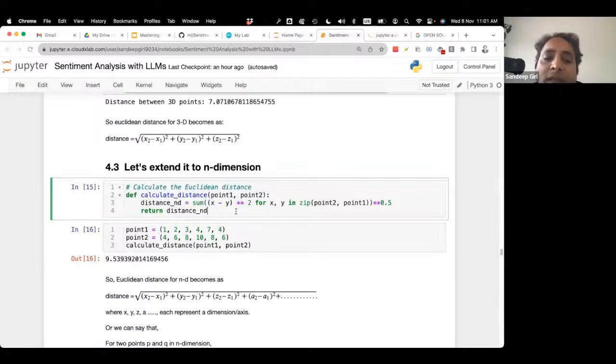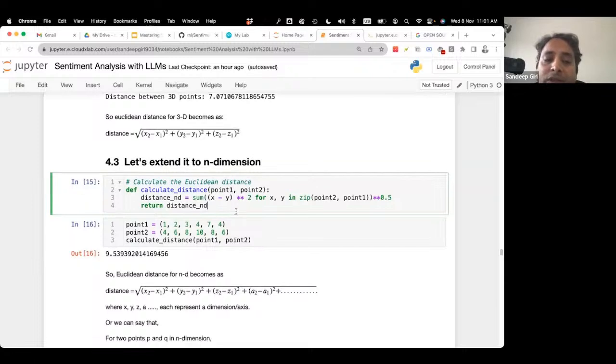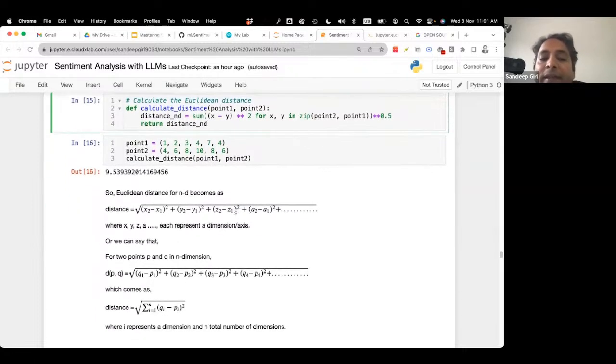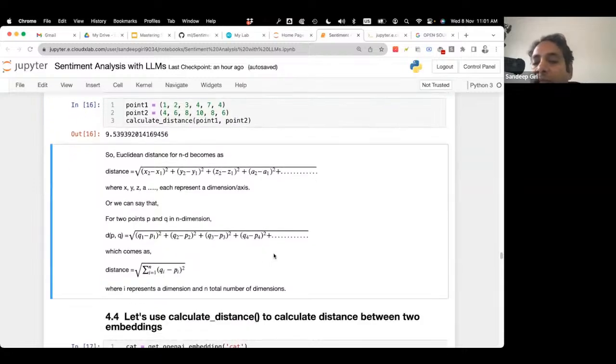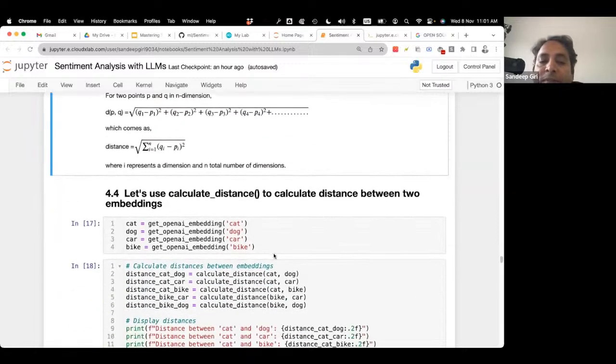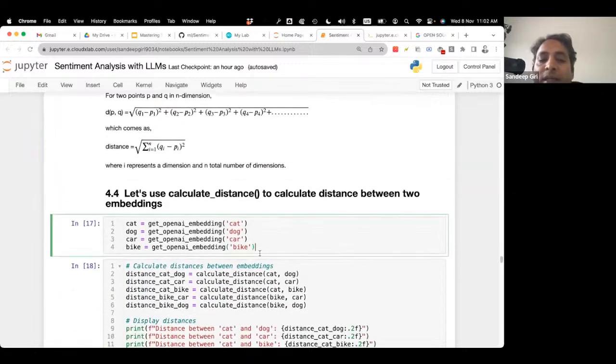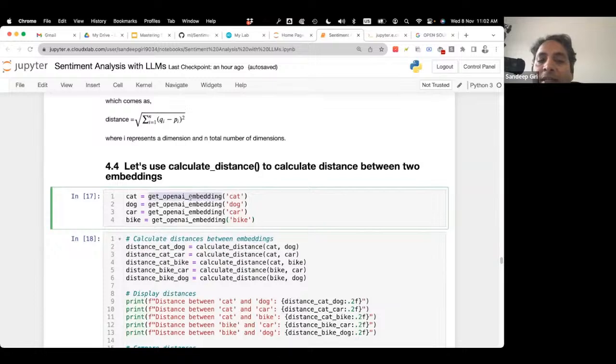So we can find the Euclidean distance or Pythagorean distance or L2 distance, there are many names to it, by just subtracting x1 and x2, y2 and y1, and so on, and then we keep on doing all of them and then square, sum it, and do the square root. Now, let's say we got the embedding for cat.